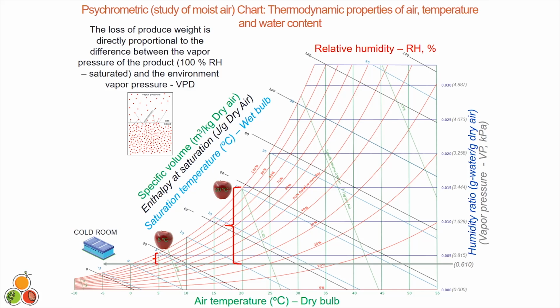But let's assume, and I'll move here, that the relative humidity of that room is, let's say, 80 or 90%. Still, look at what is the effect of relative humidity within that room. It's almost insignificant.